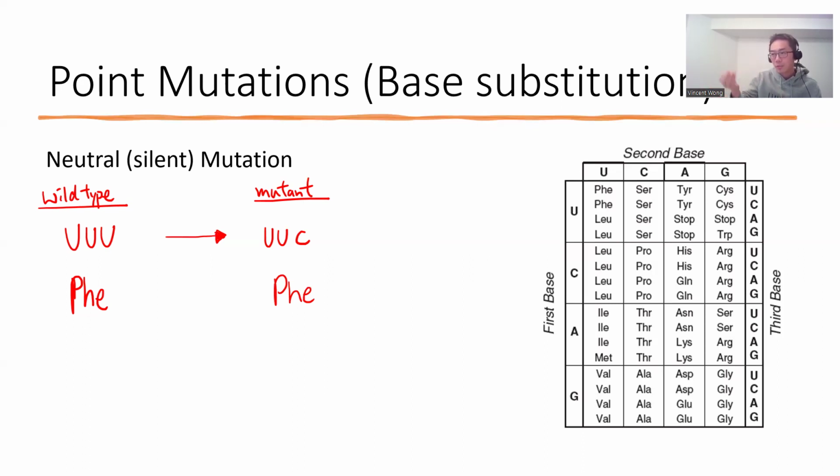And that's why the redundancy is important. For example, there's a bunch of codons that code for VAL. So the redundancy minimizes the effect of these mutations. Do we all understand why this is harmless and why this is neutral or silent?